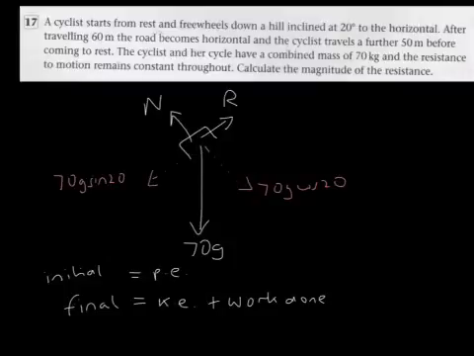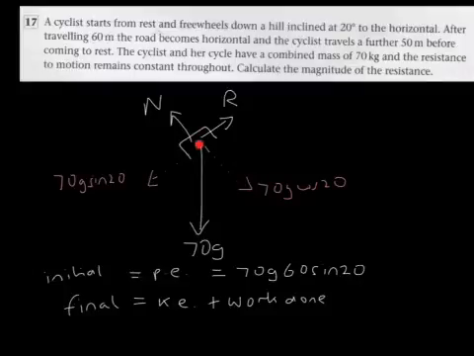So the conservation of mechanical energy states that these two must be equal. So the initial potential energy is going to be 70g, and then the height is 60 sine 20.